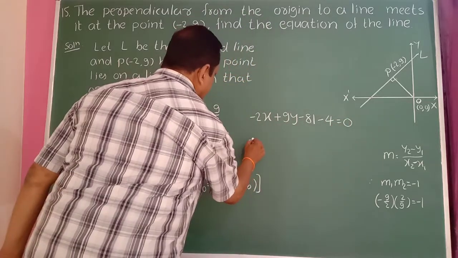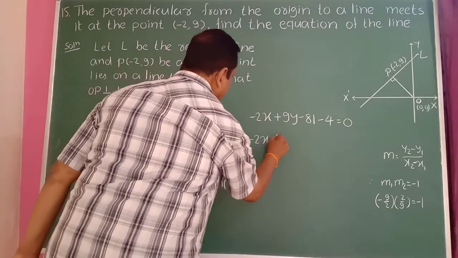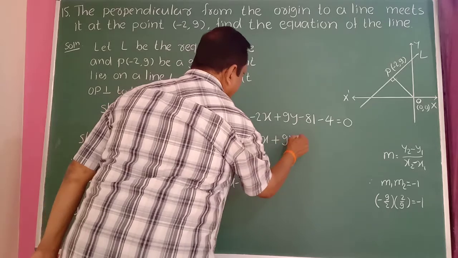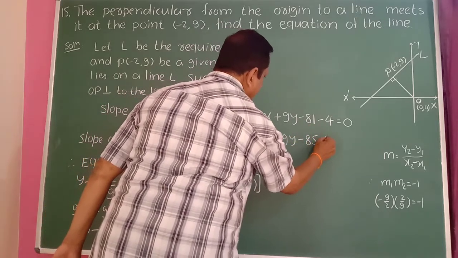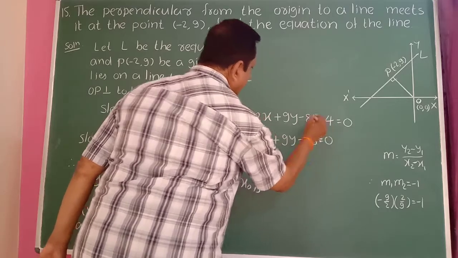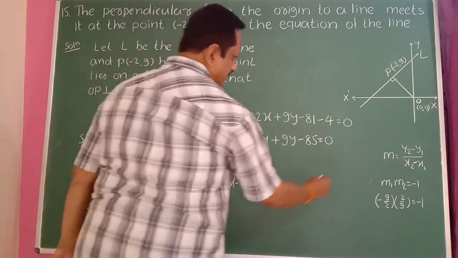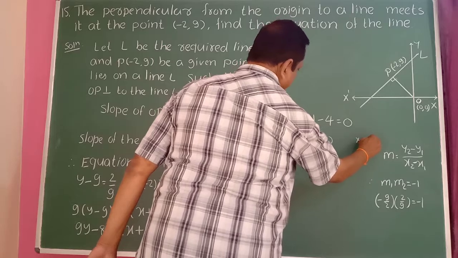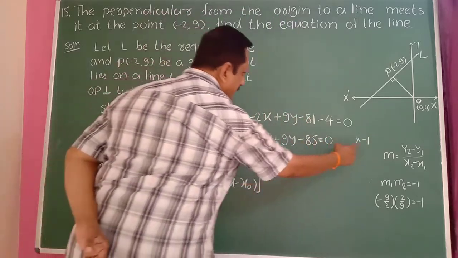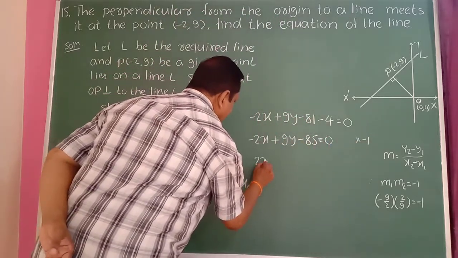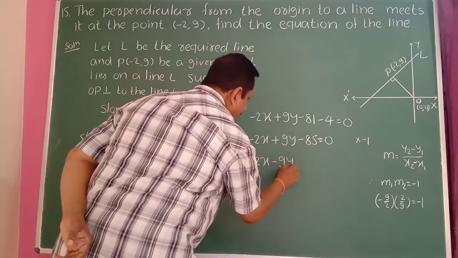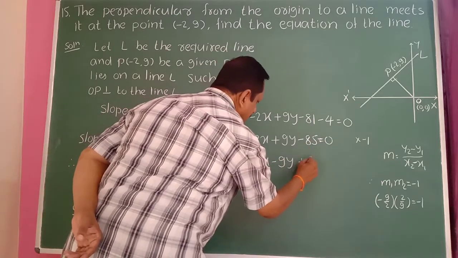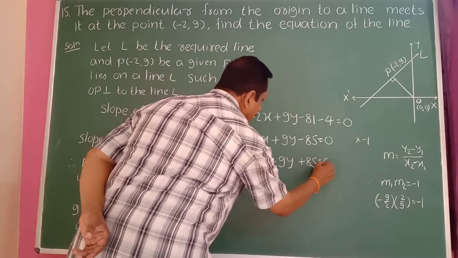So minus 2x plus 9y minus 81 minus 4 gives minus 85 is equal to 0. Then multiply both sides by minus 1. Minus into minus becomes plus: 2x minus 9y plus 85 is equal to 0.